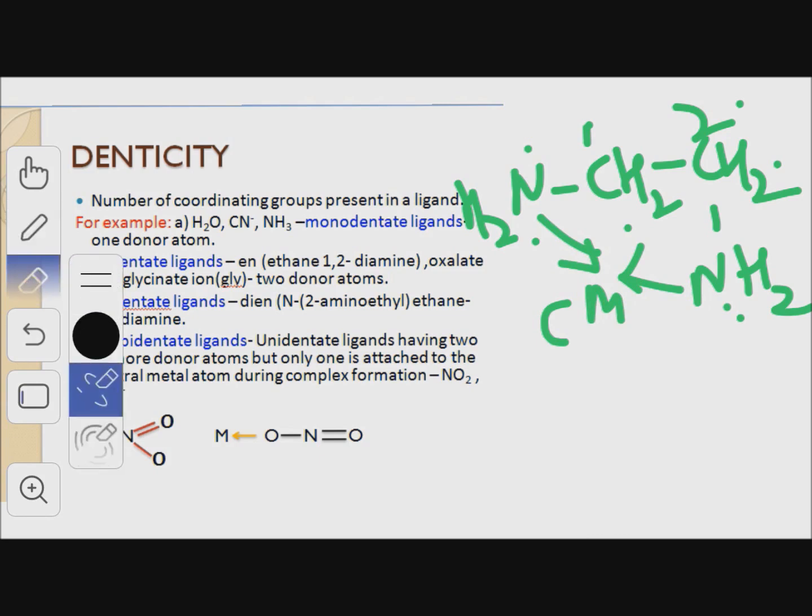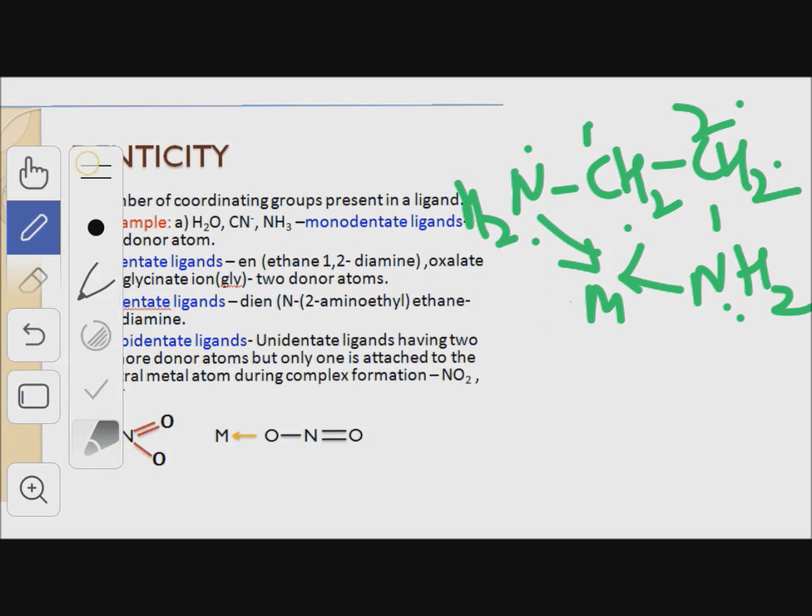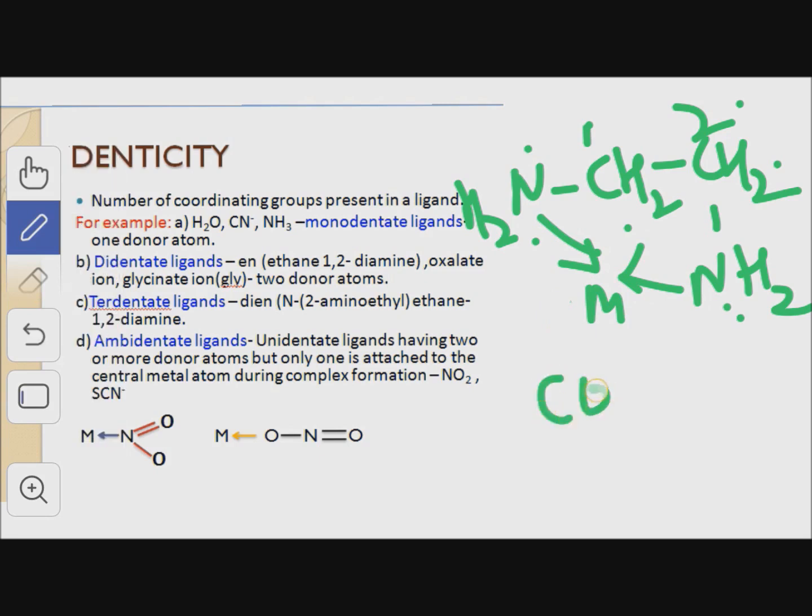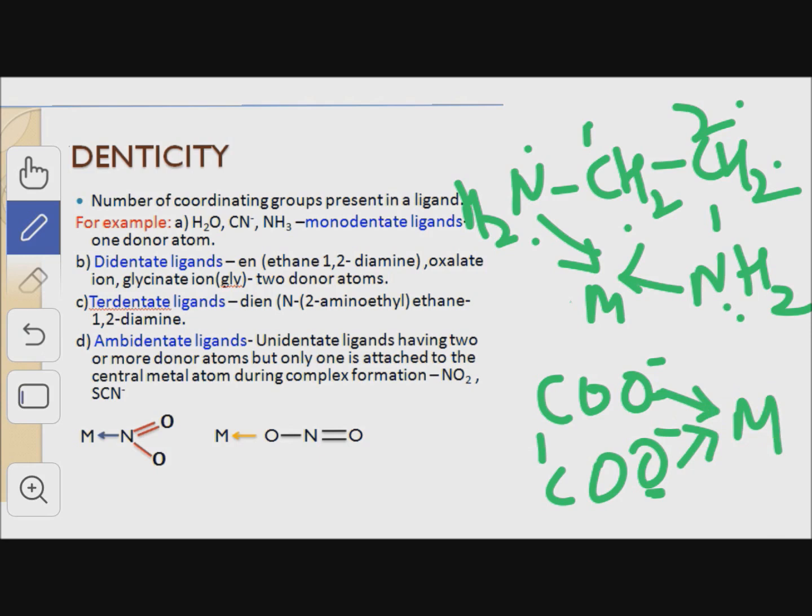And in oxalate ion, COO negative, COO negative, these two oxygens form coordinate bonds with the central metal atom. It means it has two donor atoms in ethane 1,2-diamine as well as in oxalate ion. That's why these are called didentate ligands.